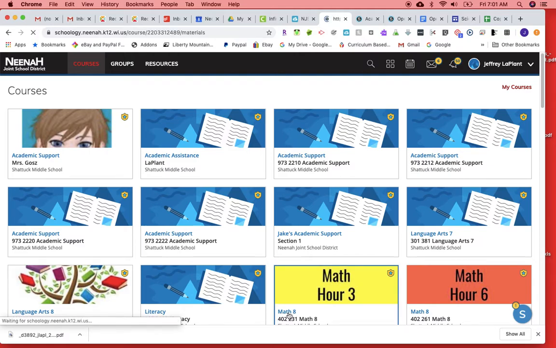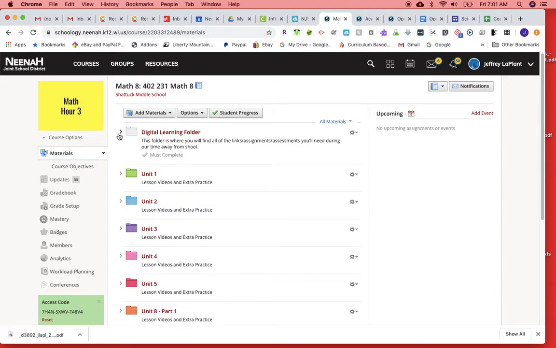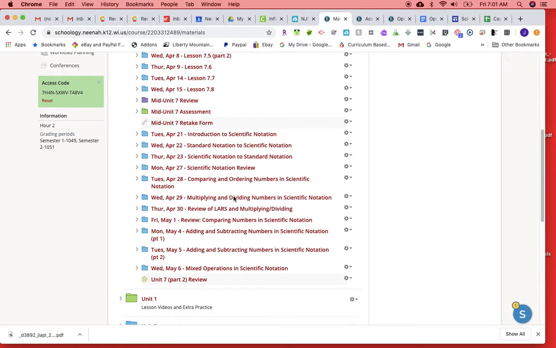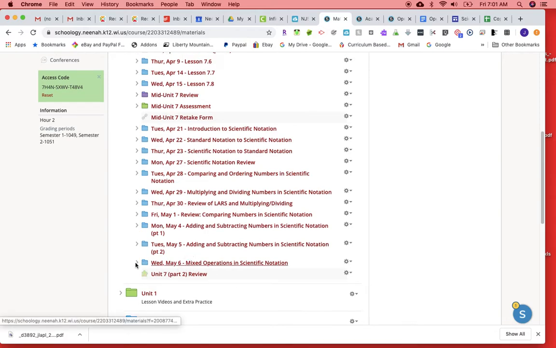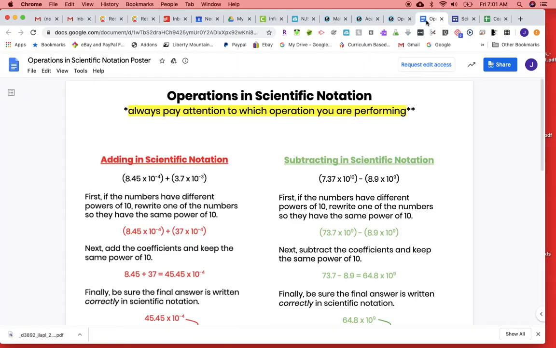Doesn't matter what class period, as long as you're in Miss Bonet's class, you are going to go to the Digital Learning folder. And let's see if we can find her poster. And operations and scientific notation poster. There it is. So you can utilize that poster to help you. It's the same exact one that I have pulled up right here.